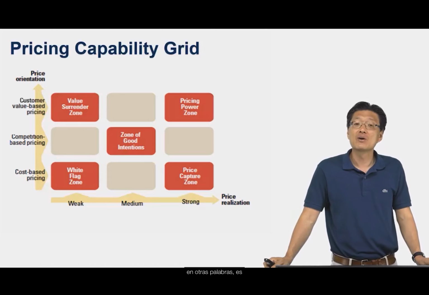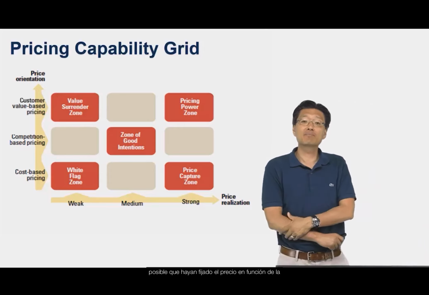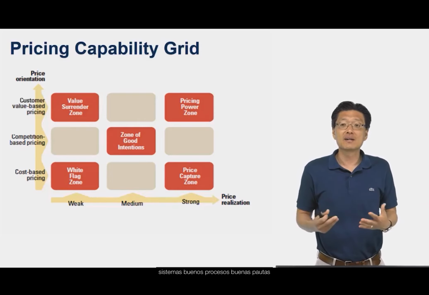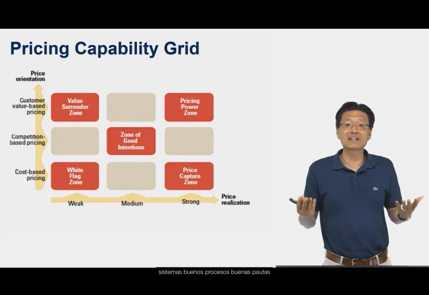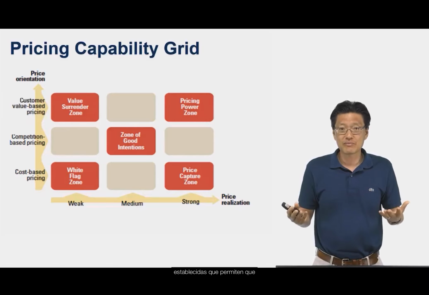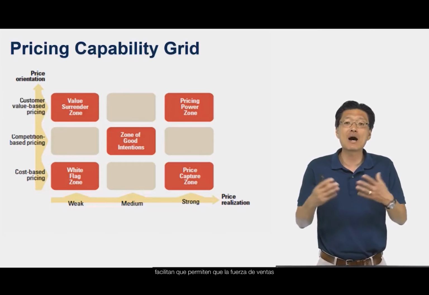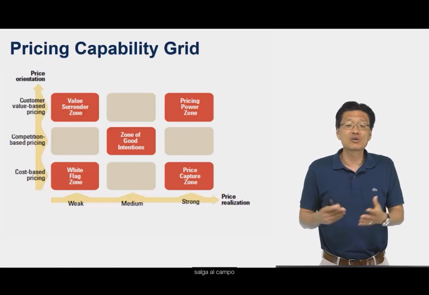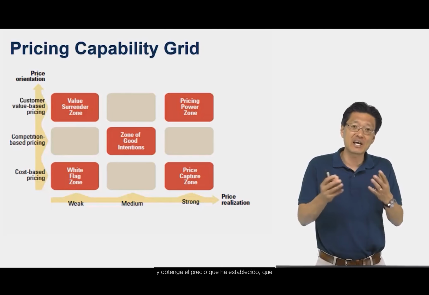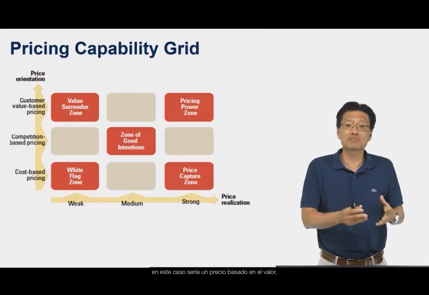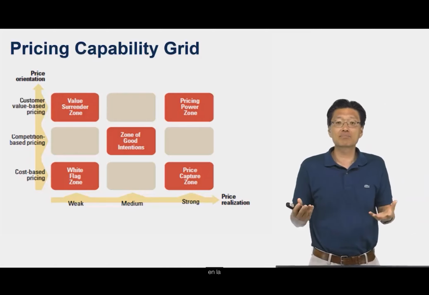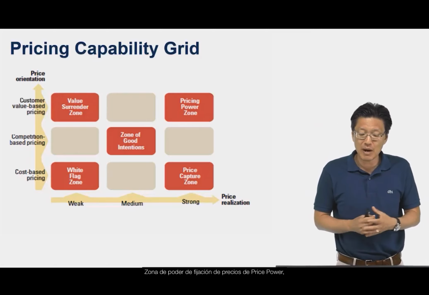In other words, they may have set the price based on value-based pricing, but they have good systems, good processes, good guidelines in place that facilitate and allow the sales force to go out into the field and get the price that they've set, which in this case would be value-based pricing. If a company is able to achieve that, they would be classified under pricing power zone.